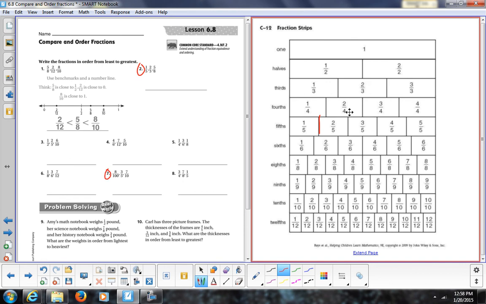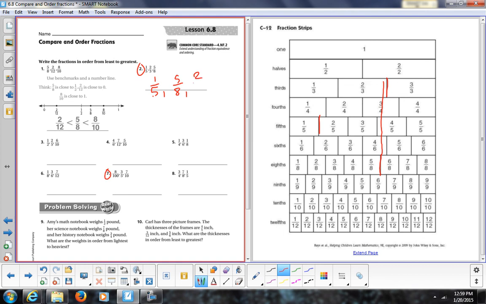Well, I can clearly see that it should be 1/5, and that's smaller. Then 5/8 and 2/3.